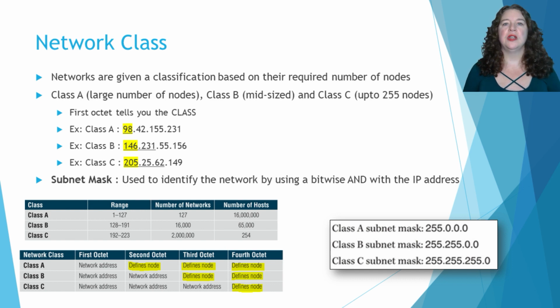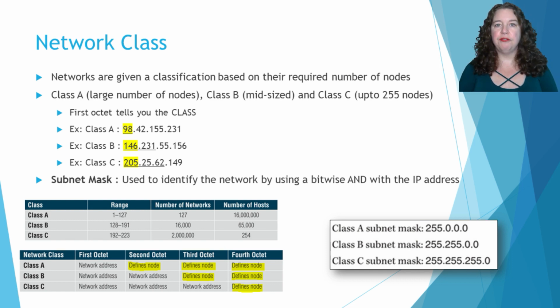Really important to understand your different networks. You can identify your network by looking at that first octet, 0 to 127, or 1 to 127, 128 to 191, 192 to 223. That's going to tell you which class you're in. We use our subnet mask to define which network we're in, and we're using what we call a bitwise AND. So we're going to AND or do a logical AND between our subnet mask and our IP address, which is going to mask the node and give us just the network information.